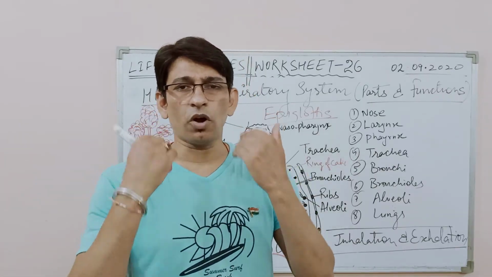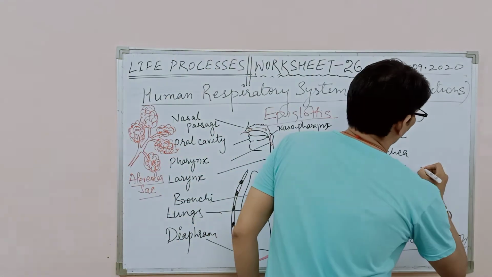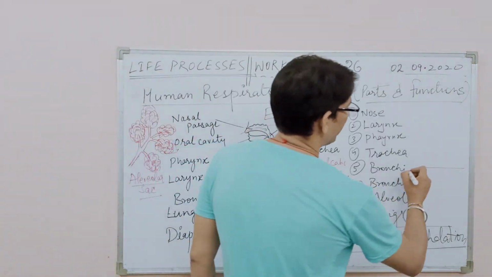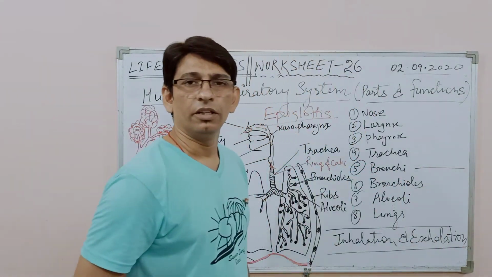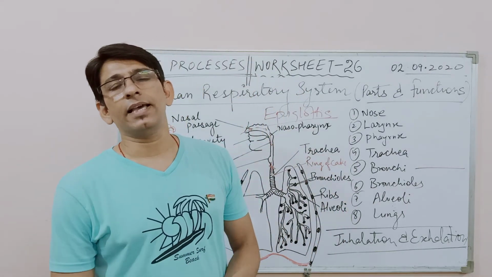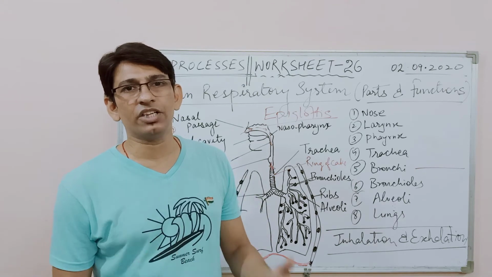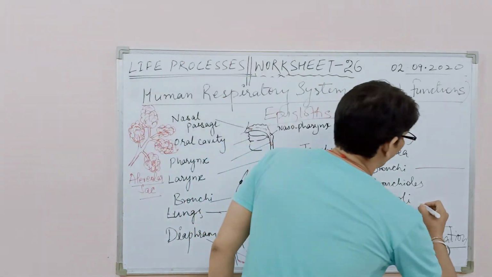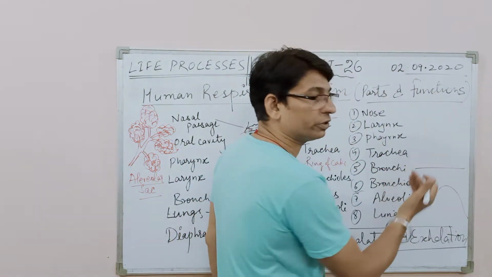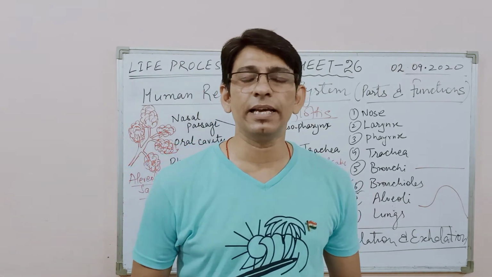During the inhalation process, the diaphragm becomes flat. This also helps in increasing the volume of the thoracic cavity. And while we are breathing out during exhalation, the diaphragm becomes dome shaped, which helps in decreasing the volume of the thoracic cavity.